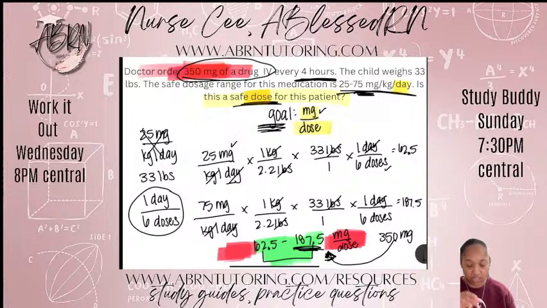Once you get to the end of the numerator, you divide, okay? And then 2.2 divide 6 equals. And that's how you keep it all in the calculator without having to write it down. So the top one, 25 times 33 divide 2.2 divide 6 equals.